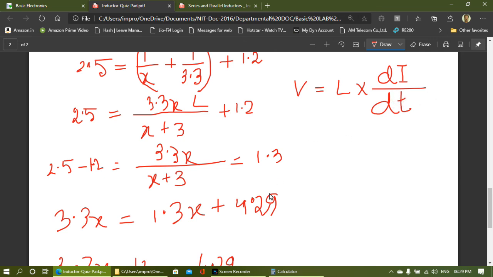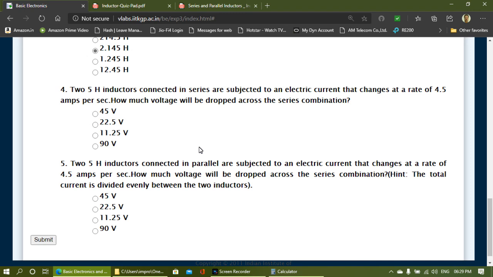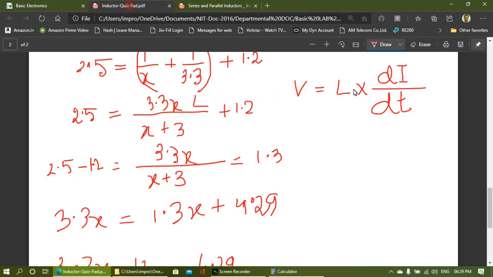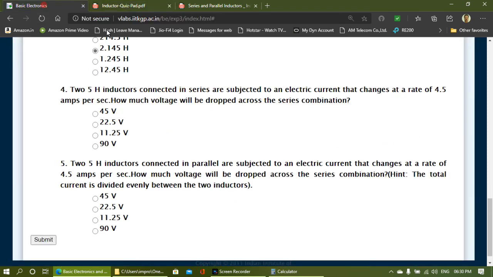Here, as per question number 4, L has been given, 2 5 Henry inductors in series. So your total L will be 10 Henry, and the changing current will be 4.5 amps in 1 second.